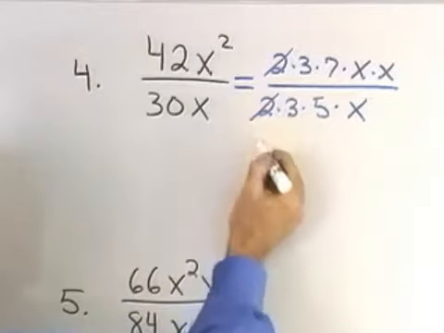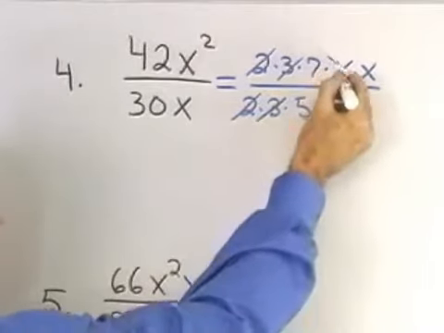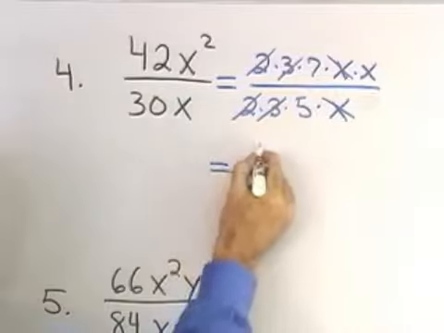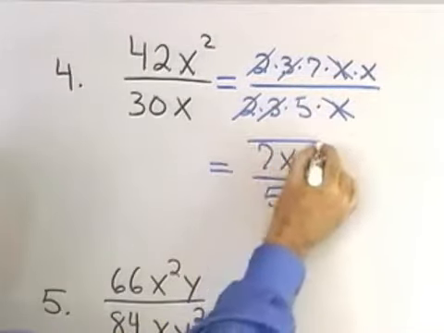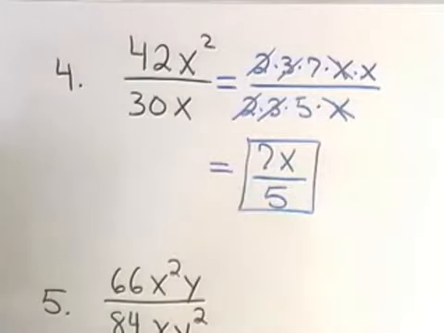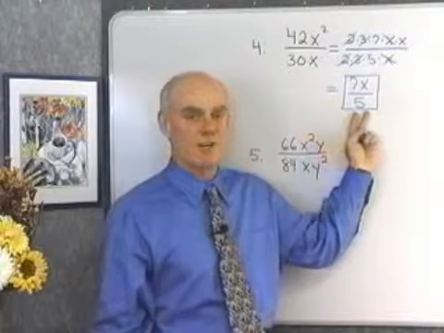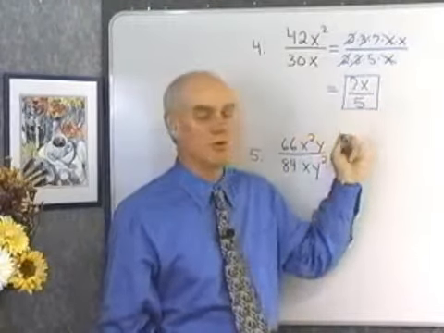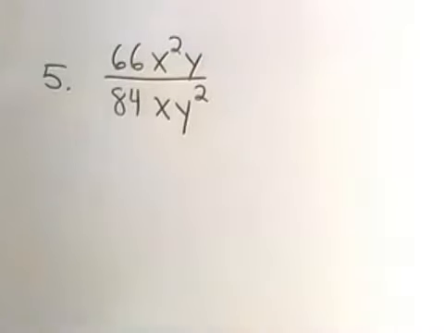So I divide out the 2's, divide out the 3's, there's no 7's or 5's in common, and I'll divide out one of the x's. When I do that, in the numerator I have left 7x, and in the denominator I have left 5. So that fraction, 42x squared over 30x, in reduced form is 7x over 5. Notice it's in reduced form because it has no factors common to the numerator and denominator other than the number 1.